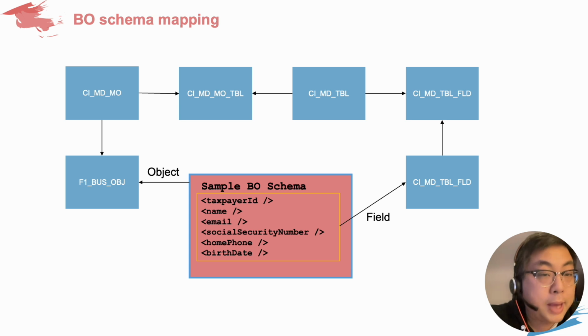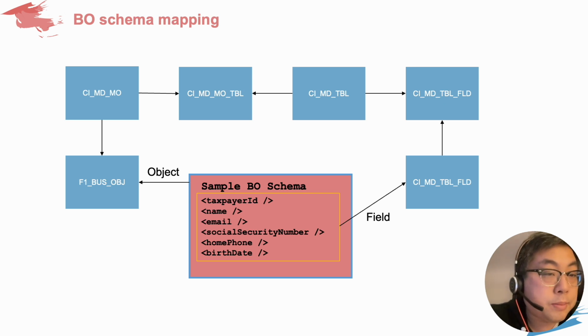And the metadata collected is the CIMD MO. So CIMD, remember this prefix is the metadata tables. You will see quite a lot in the following slides and the future videos.